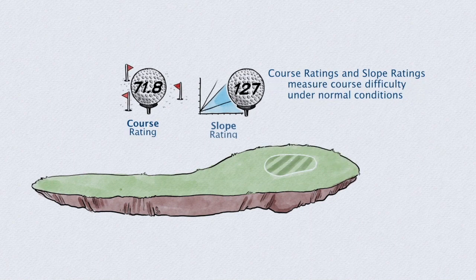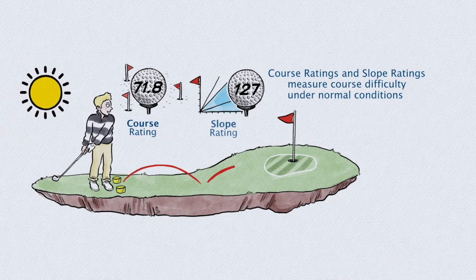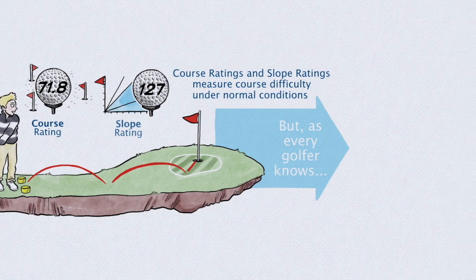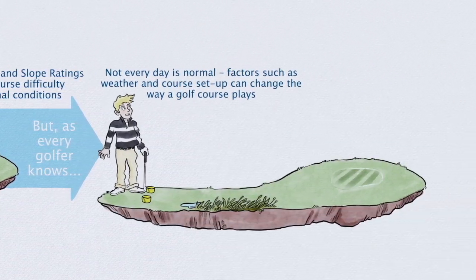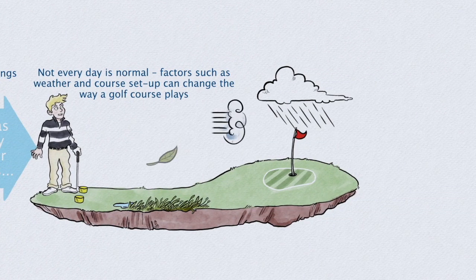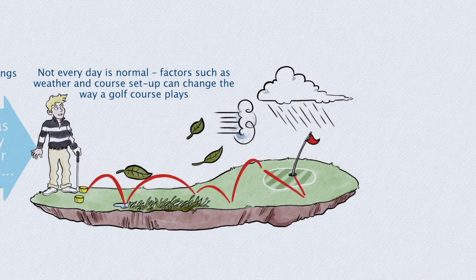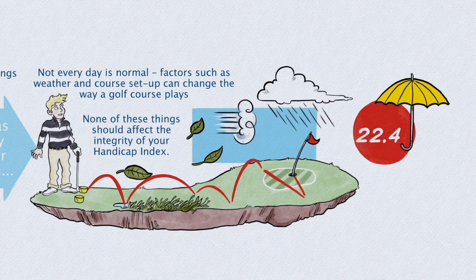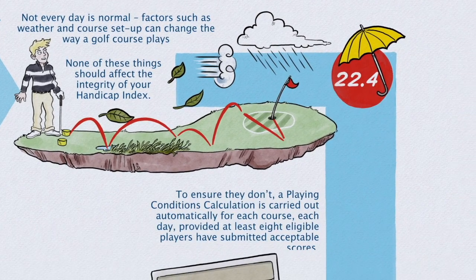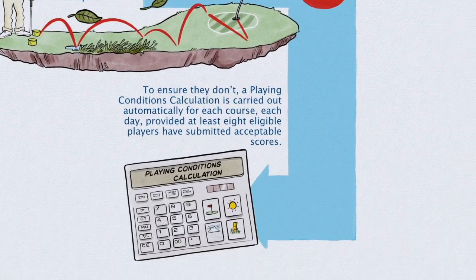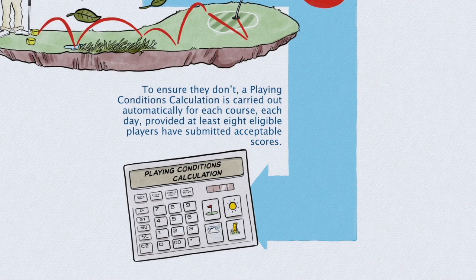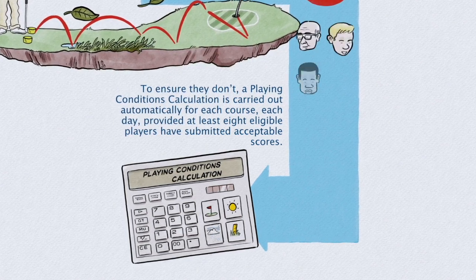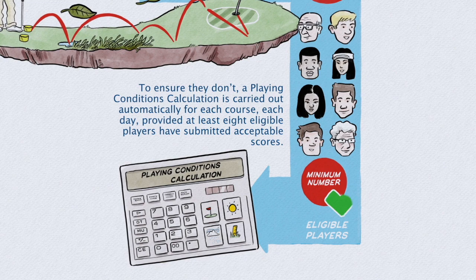Course ratings and slope ratings measure course difficulty under normal conditions. But as every golfer knows, not every day is normal. Factors such as weather and course setup can change the way a golf course plays. None of these things should affect the integrity of your handicap index. To ensure they don't, a playing conditions calculation is carried out automatically for each course each day, provided at least 8 eligible players have submitted acceptable scores.